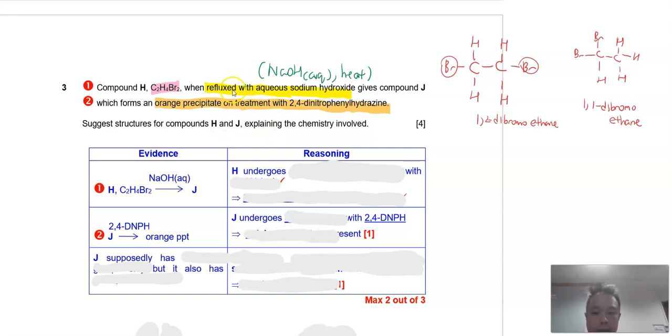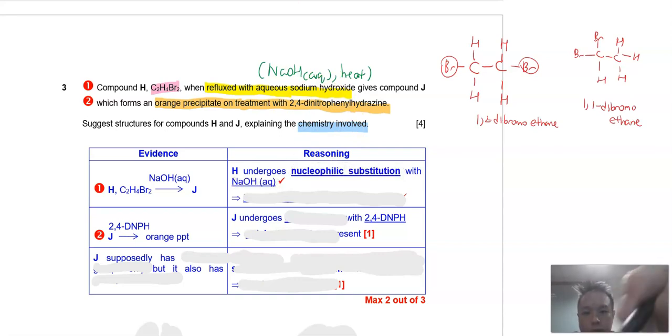So let's think about in terms of the reaction, because we are supposed to explain for the chemistry involved. In this case, it is likely a halogenoalkane. When you heat it with NaOH aqueous, nucleophilic substitution is going to happen. Alright, so as a result, you'll get a diol.